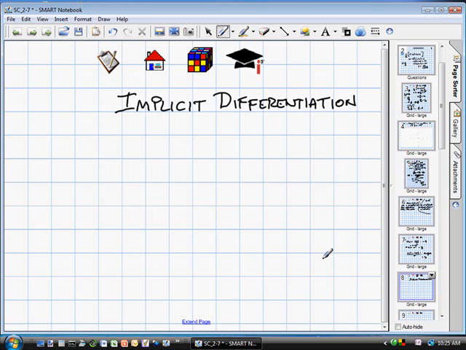I'm trying to think of a good example here. Is there a way to solve this for y? See, I could get the y's together. I could say y minus xy equals x squared. And then I could, I suppose, factor a y out of the left.